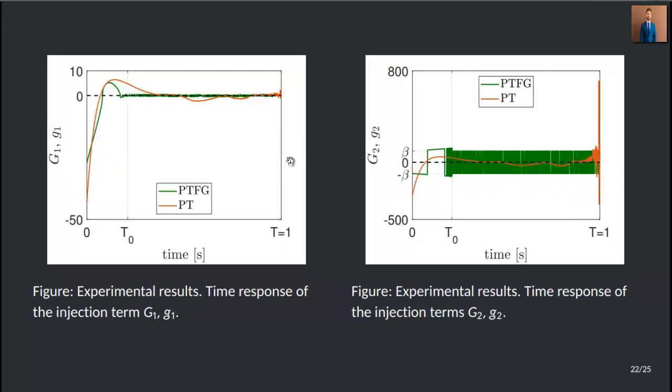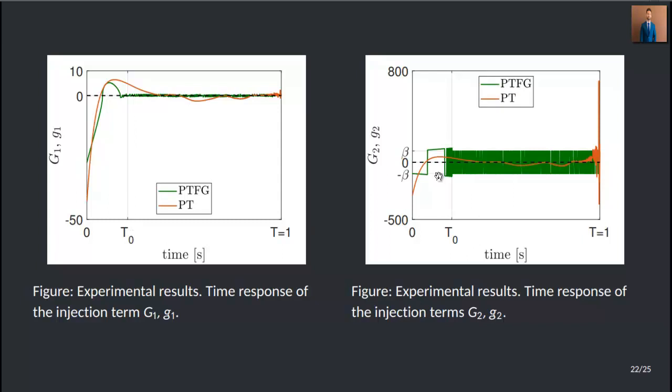The observer injection terms are shown here, in green our injection terms, and in red the prescribed-time observer from the literature. As can also be seen, our injection terms are uniformly bounded in the time interval, and the switch time is present here at capital T sub 0.